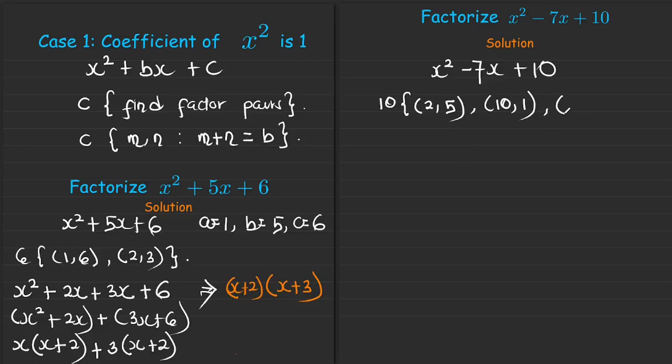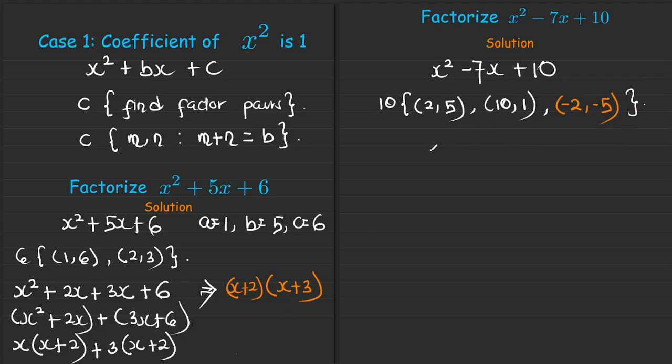With that in mind, we can also say negative 2 times negative 5 actually gives us a 10. You'd agree with me. But if we add, do we get a negative 7? Yes. Negative 2 plus negative 5 gives us a negative 7. So there's no need going further. Hence, we are going to choose the negative 5 and the negative 2.